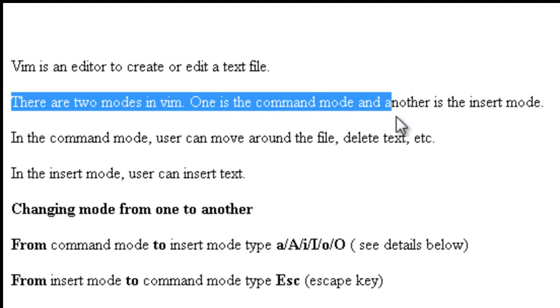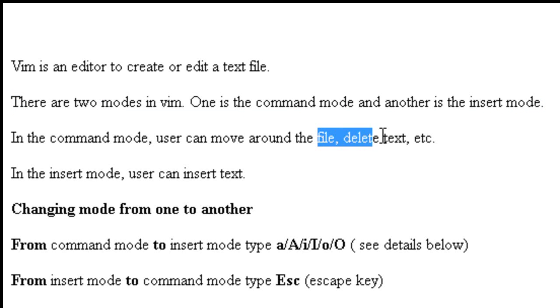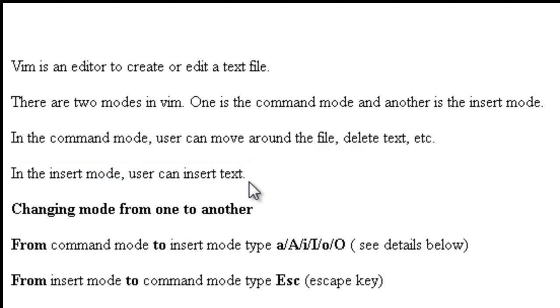In the command mode, the user can move around the file, or delete, which makes editing the text easier. For inserting text, we use the insert mode. Whenever you want to go to the insert mode, just press the I button. To go back to the command mode, press the escape button.